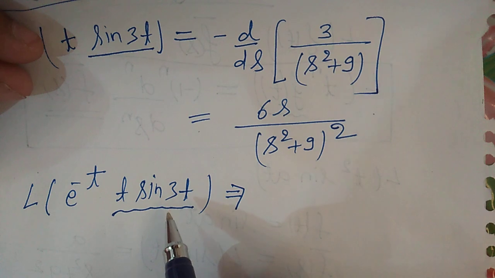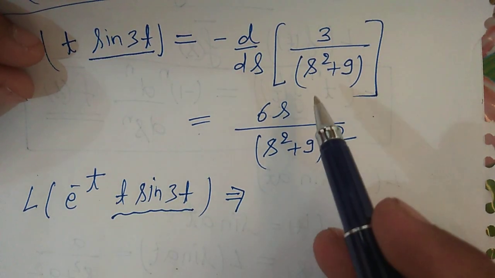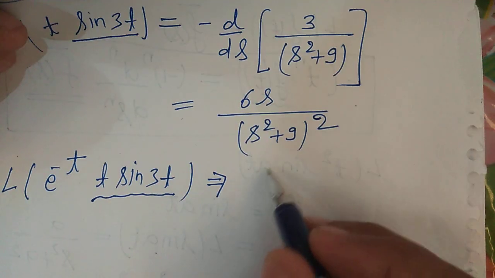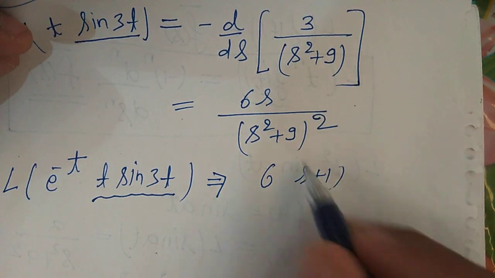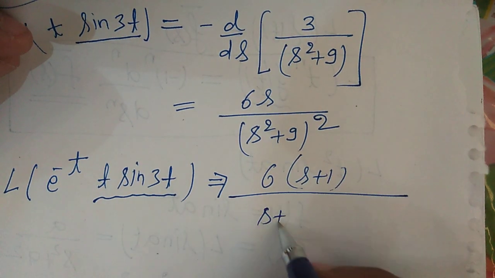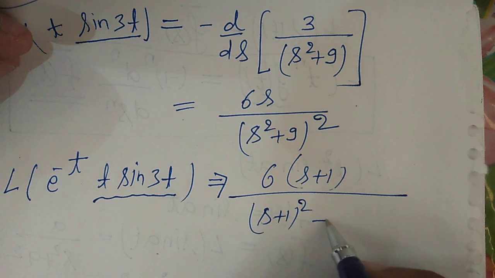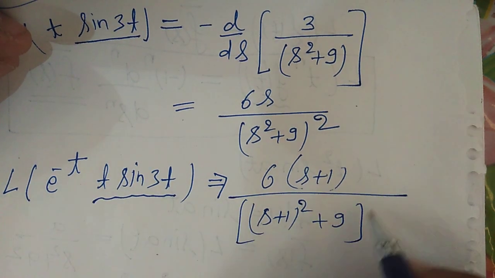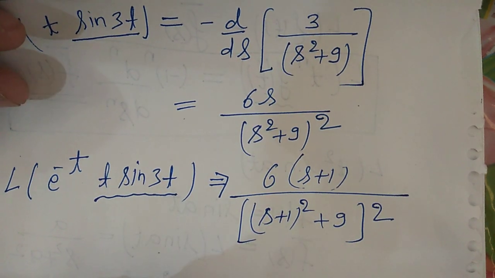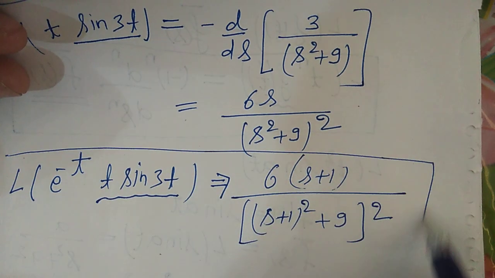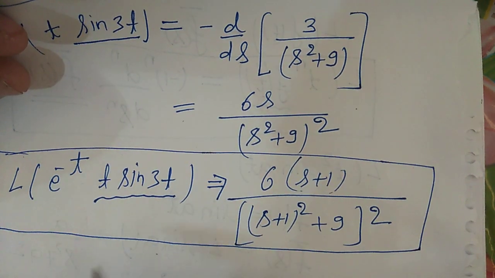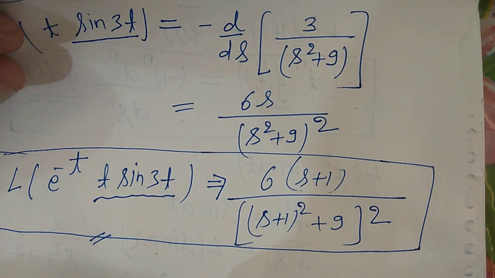So s is replaced by s plus 1, and this will be 6 times s plus 1 by s plus 1 whole square plus 9 whole square. So in this problem we have used those two formulas.